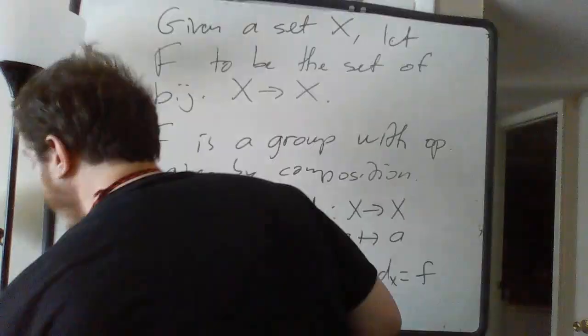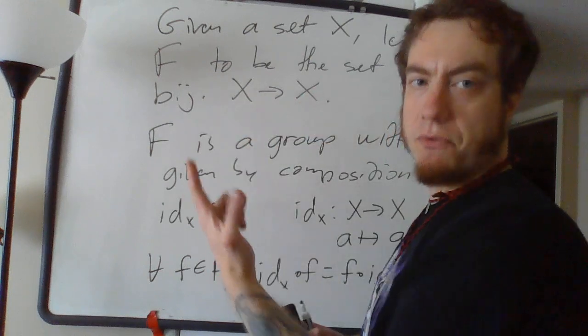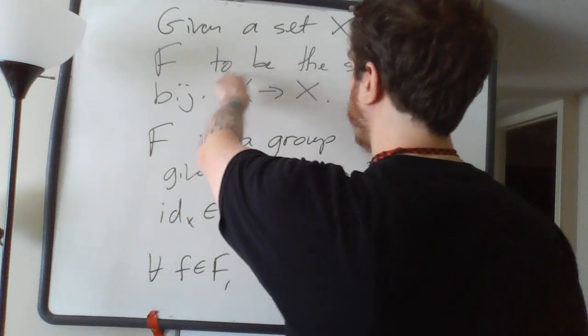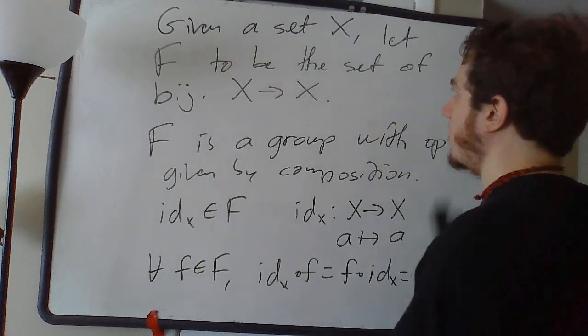The other thing to notice here is that because these are bijections, they admit inverses. But F is supposed to include all of these bijections, and the inverses are bijections themselves.